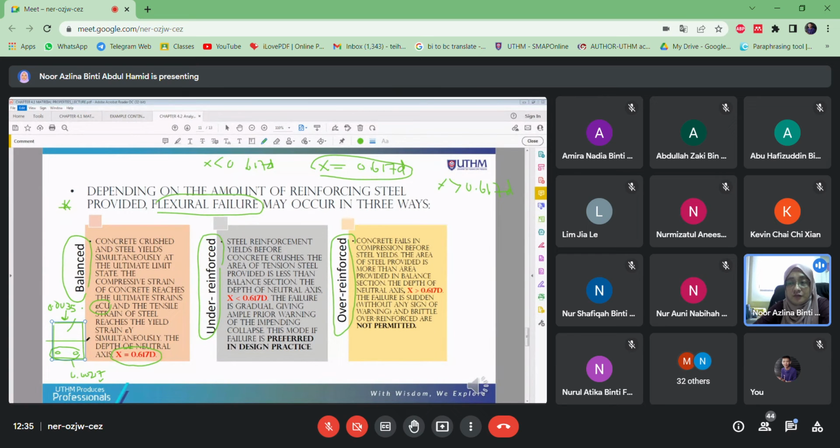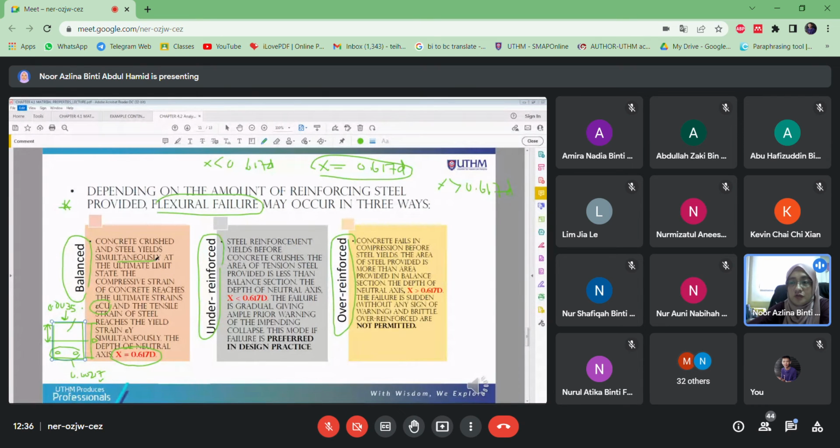At the time of failure, the X here, the neutral axis, is equal to 0.617D. What is D? The depth of the beam section. At these times, the concrete and the steel simultaneously achieve their ultimate state, their ultimate strength limit.